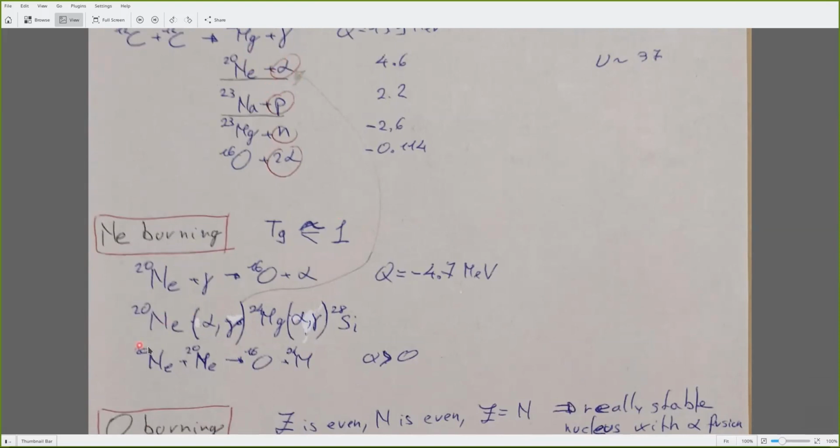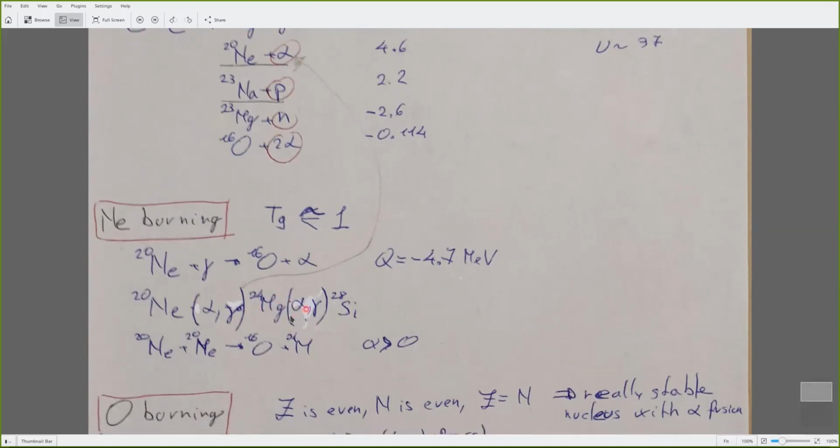Here the alpha collides with the neon 20 and produces magnesium. This can happen, and then with another alpha it goes to silicon. Or you can have the direct burning of two neon, which is not so easy, more like a fusion, because the two split into bigger atoms, oxygen and magnesium.